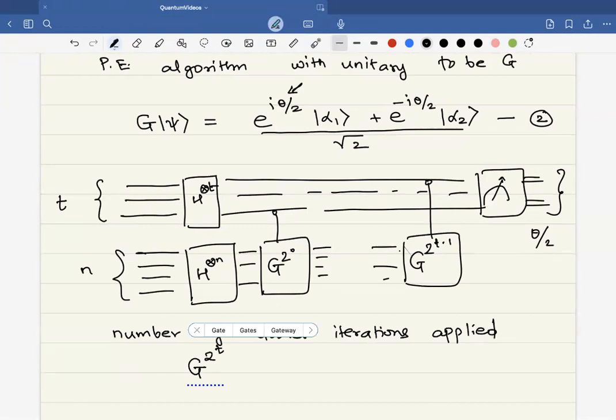And so therefore, the number of bits over here determines the number of Grover iterations applied.